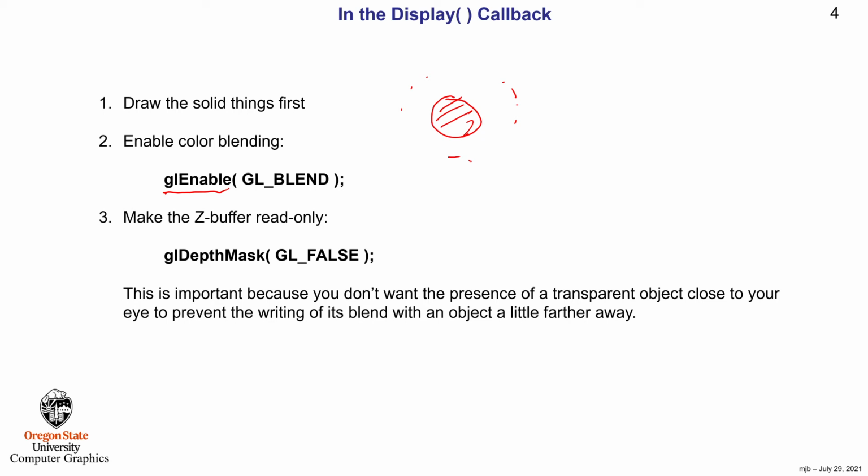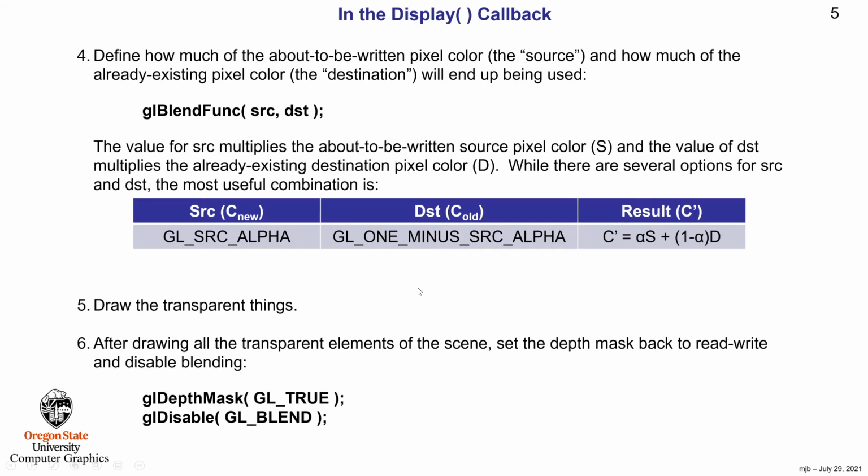Now, make the Z buffer read-only. I'm going to ignore this for right now, and I'll come back to it about why we did that. Okay. Then you tell it what blending function you would like to use. And there's a whole bunch of them.